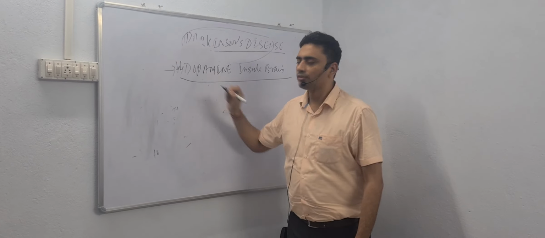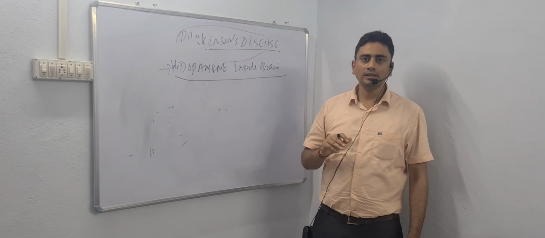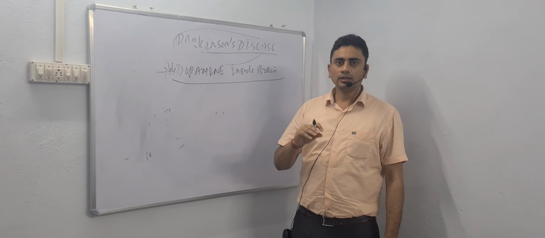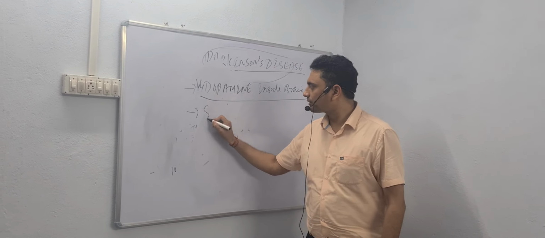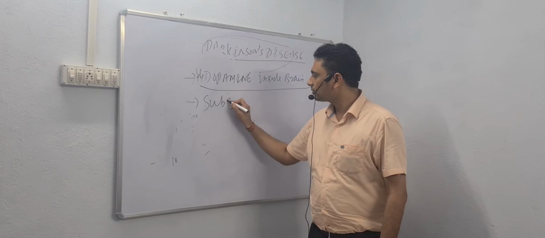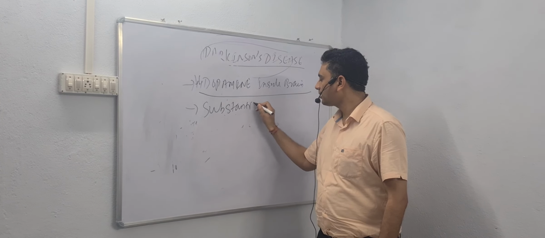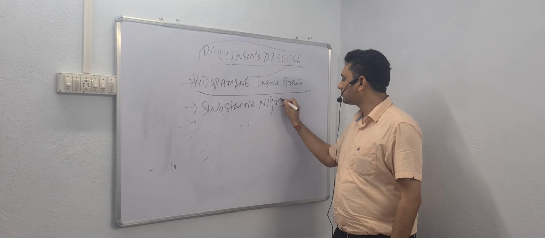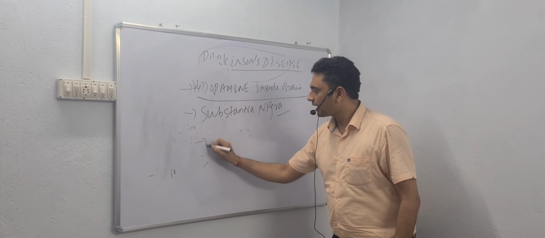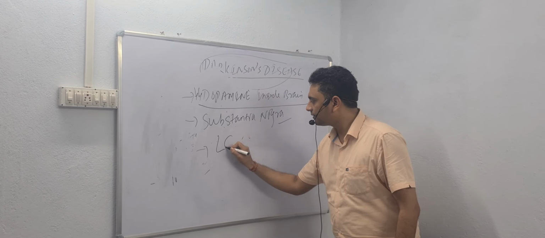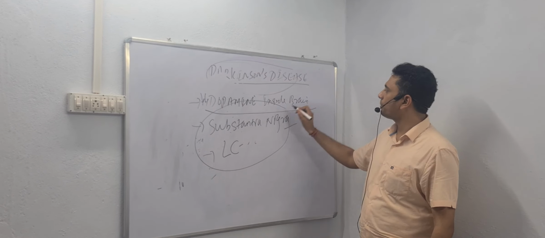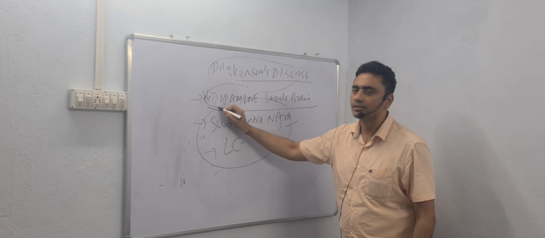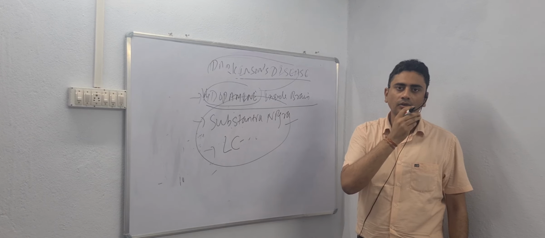This is the main change which we see, and this dopamine is synthesized in a part of the brain called substantia nigra, as well as the locus ceruleus region. These are the two parts where this dopamine neurotransmitter is synthesized inside our brain.